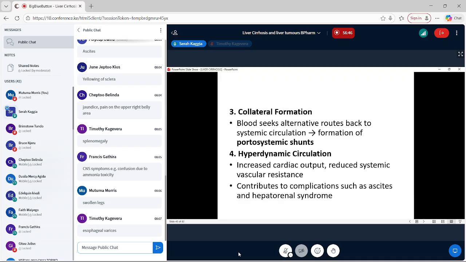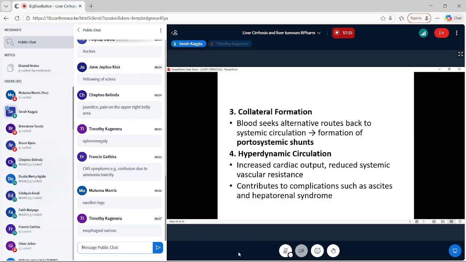So the blood seeks alternative routes back to the systemic circulation because they're overwhelmed in the portal circulation. The normal way it goes all the way and goes back to the heart. Now it comes out and goes to the systemic normal circulation, moving from the portal venous circulation. Those are the ones we see as varices, etc. I'll show you a photo of that.